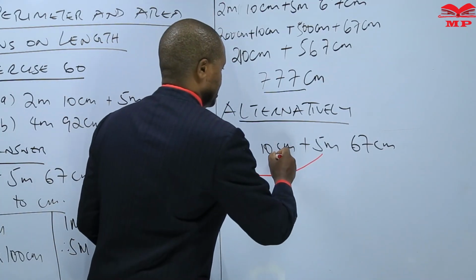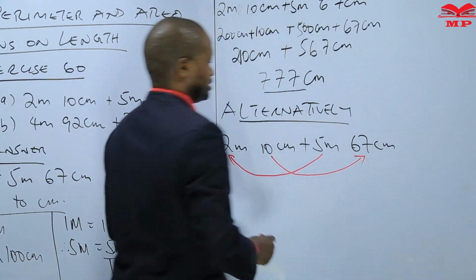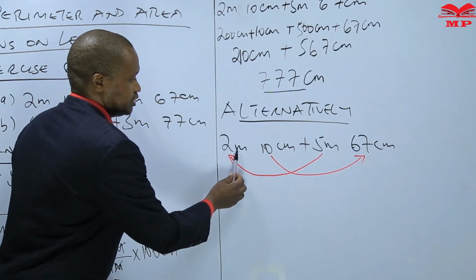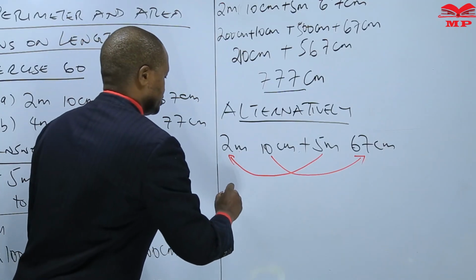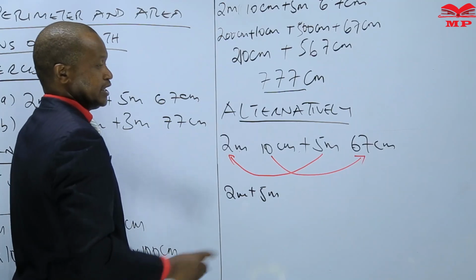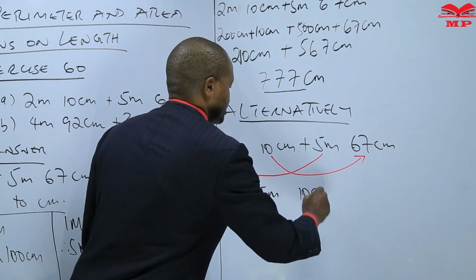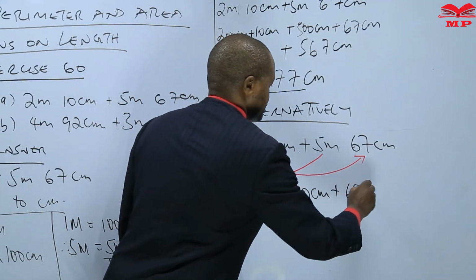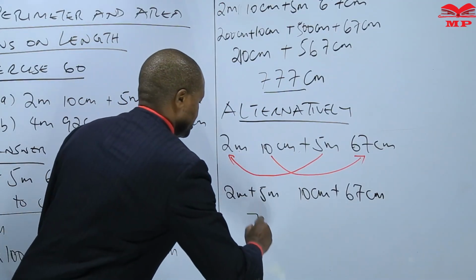Then you add the centimeters, 10 centimeters plus 67 centimeters.